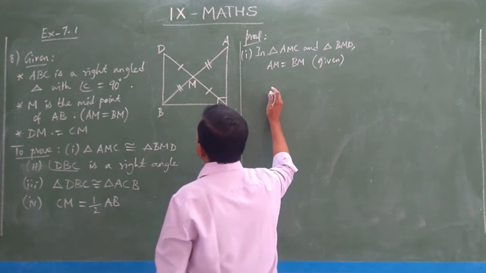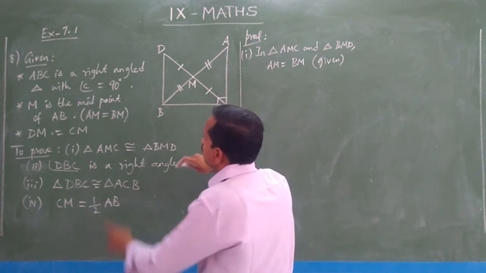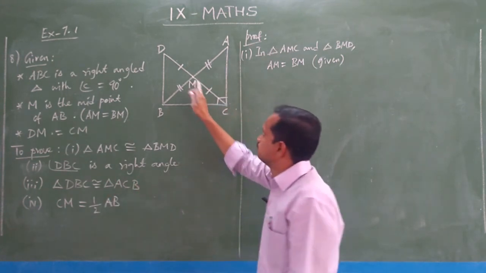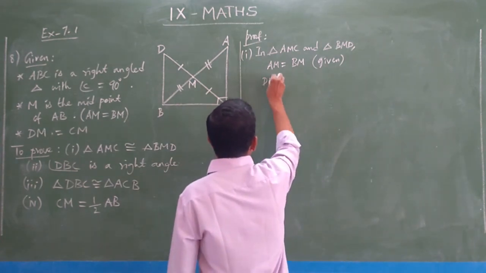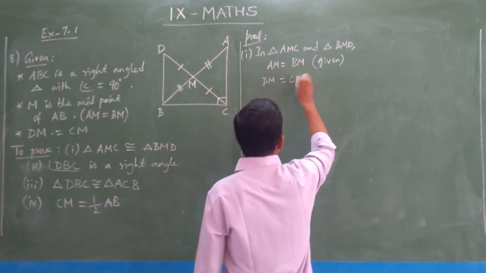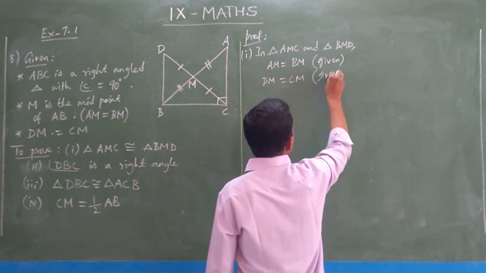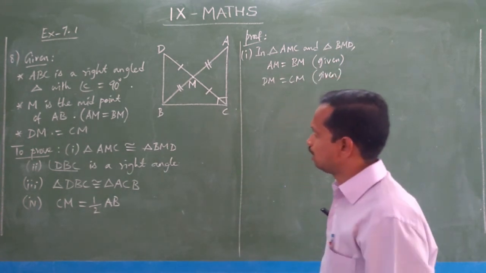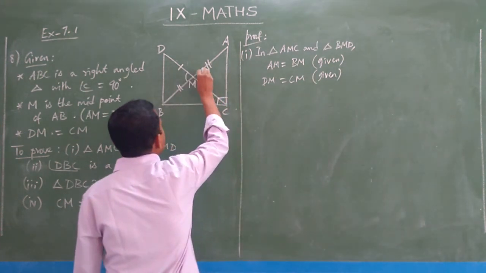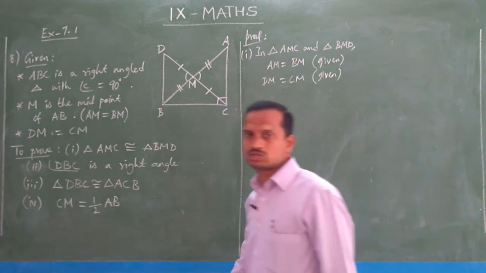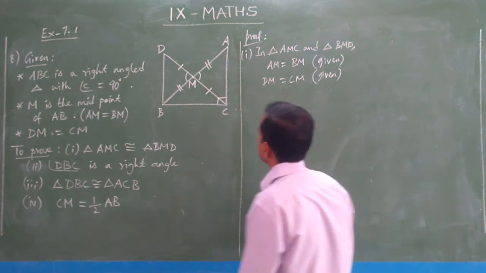And the next, the same way here, DM and CM are equal. So we can take directly DM equal to CM. That is given. And one more thing, these two angles are vertically opposite angles. The two lines intersect, which means vertically opposite angles are equal. So we can take that.